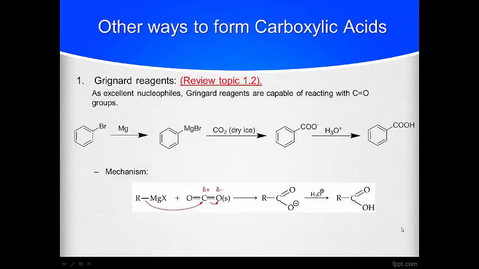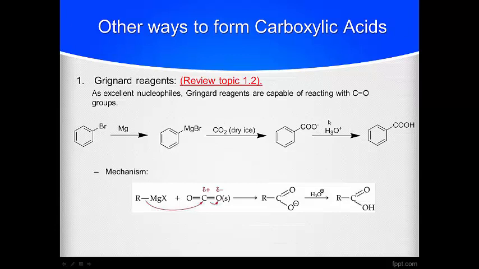So other ways, again, our Grignard reagents, which we've talked about in topic 1.2. Remember, your Grignard reagent turns some sort of carbon group into a carbanion, so a negatively charged carbon. So instead of having this MgBr, on this benzene ring you've essentially got a minus on this carbon here. Then you bubble it with dry ice, and then you get your carboxylate.